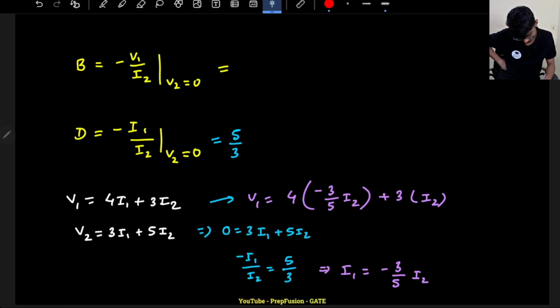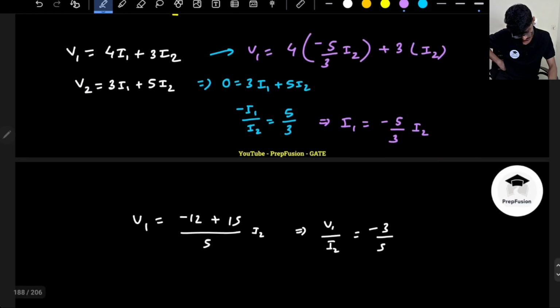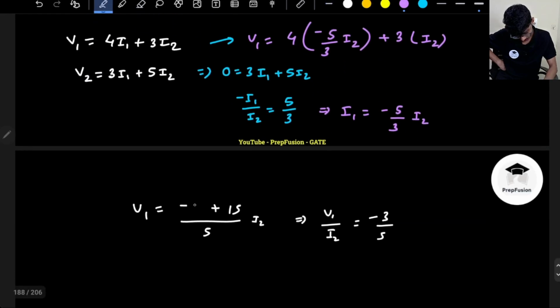So I1 is equal to, oh sorry, what am I doing? I1 equals minus 5 by 3. So this will be opposite, right? Minus 5 by 3. So this will be minus 20 plus 9. Minus 20 plus 9.